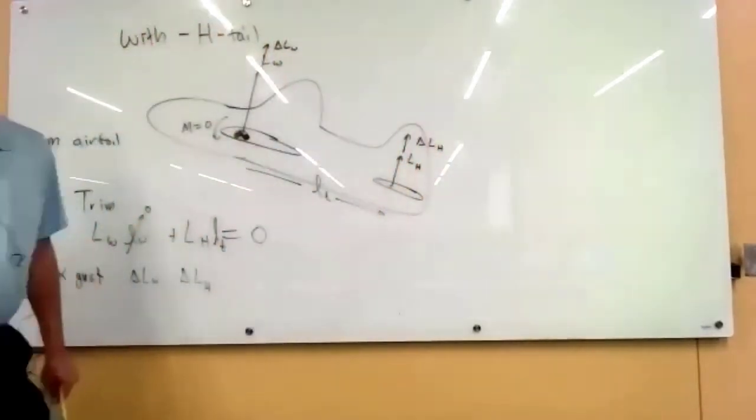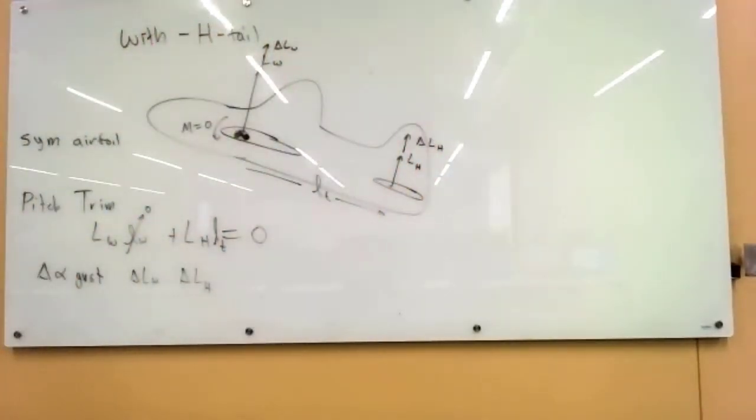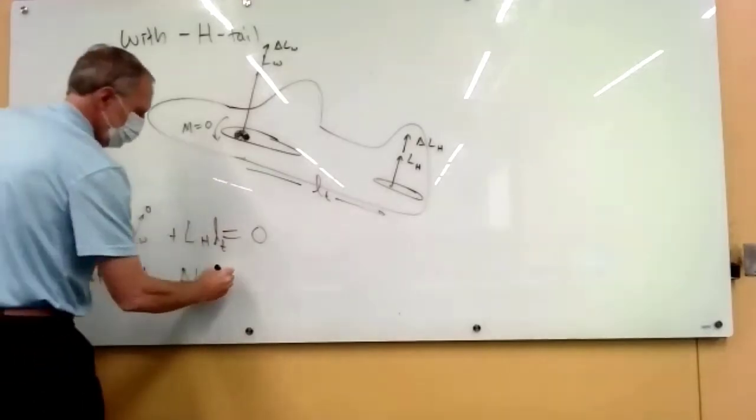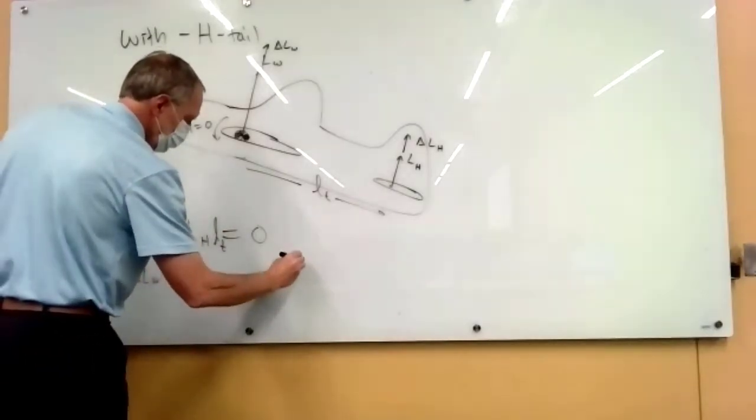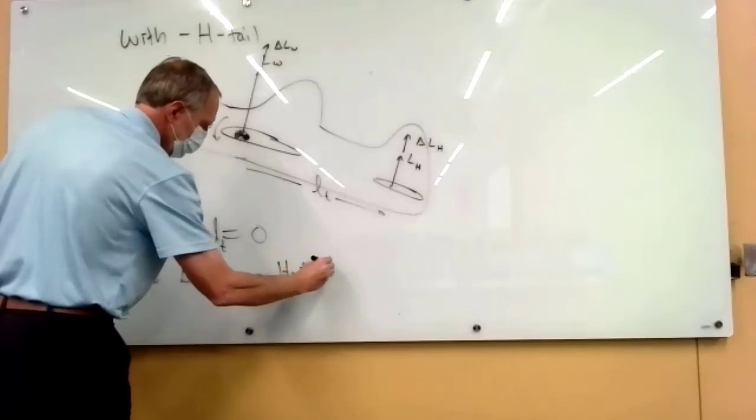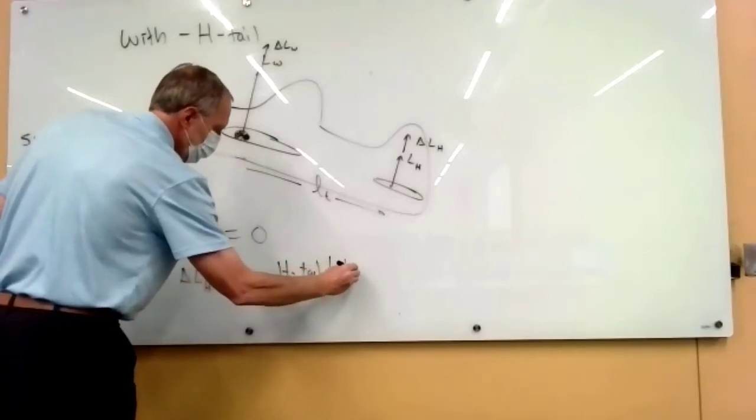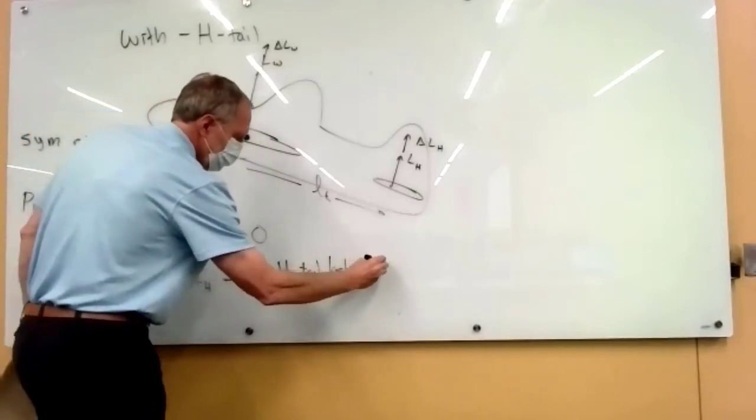Which way does the airplane pitch? You get no pitching out of the wing change, right? But the tail, because it's behind, is now going to cause a nose down pitch. So with the delta alpha gust, we get these lifts, and the horizontal tail is behind the CG.